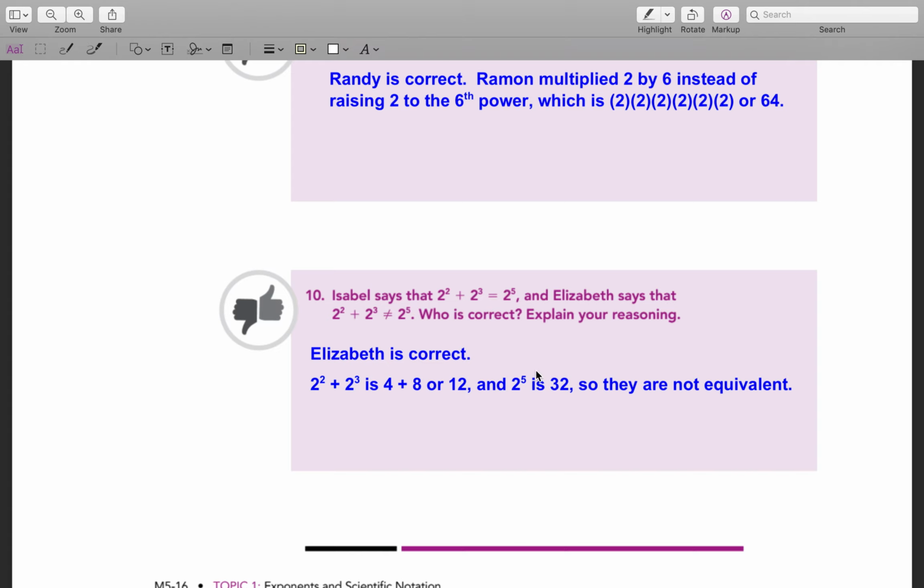And 2 to the 5th is 32, so they're not equivalent, right? So when we solve this, 2 squared is 4, 2 cubed is 8, that's 12, and 2 to the 5th is 32. So obviously, Isabel was wrong because they do not equal each other.